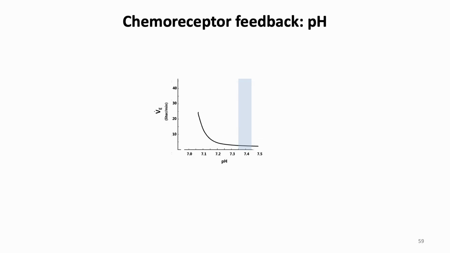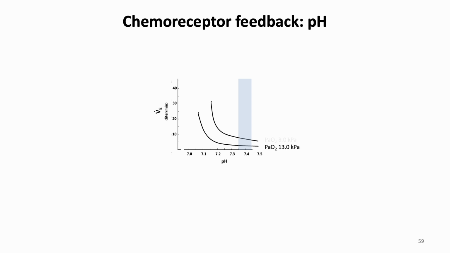Lastly, this is just to show pH. Again, the normal range here is marked with blue, and what you can see is that you need a substantial decrease in pH before it directly affects ventilation.